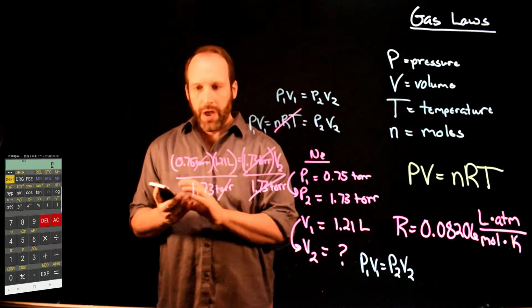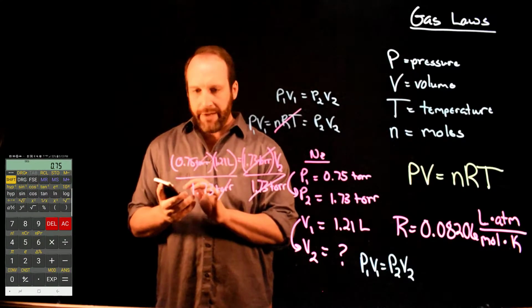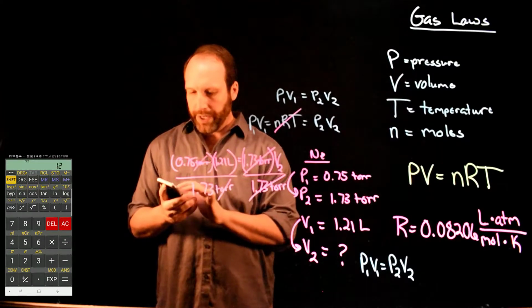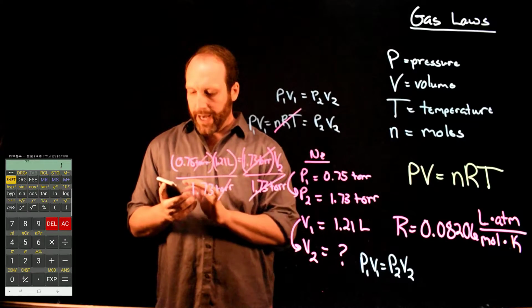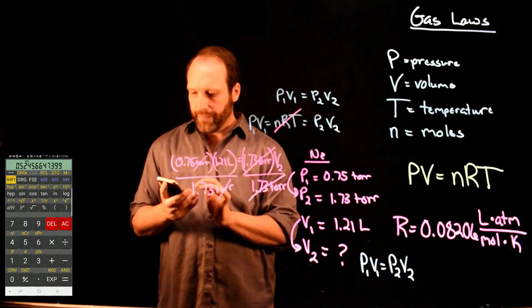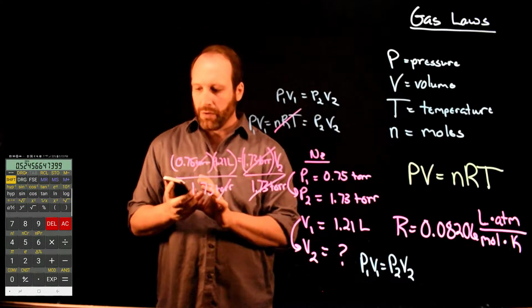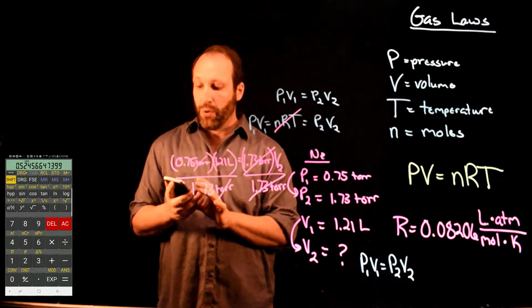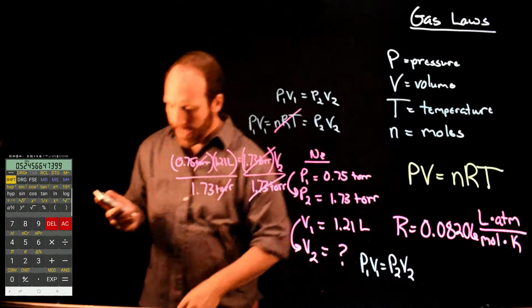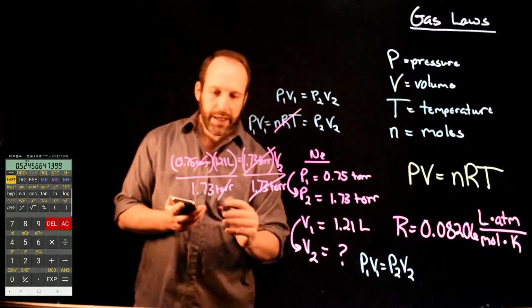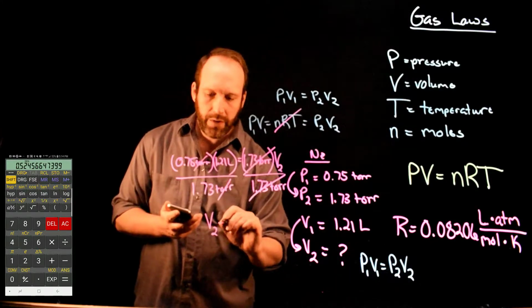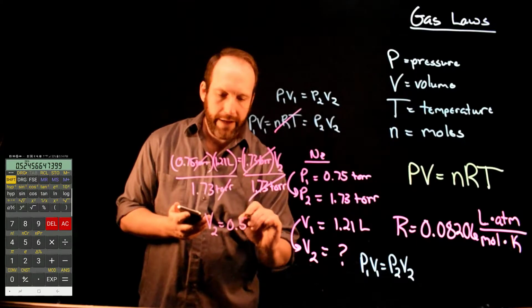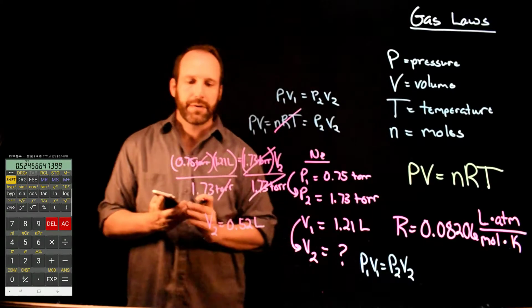All right, so we'll say 0.75 times 1.21 divided by 1.73. Okay, and so we see that that equals 0.524, and so I think by significant digits, I'm just going to say that V2 is equal to 0.52 liters. Okay.